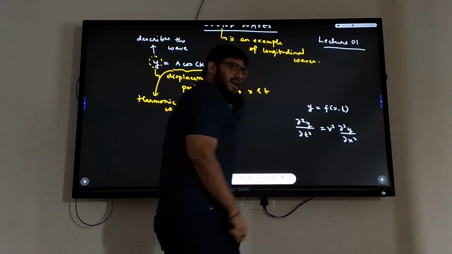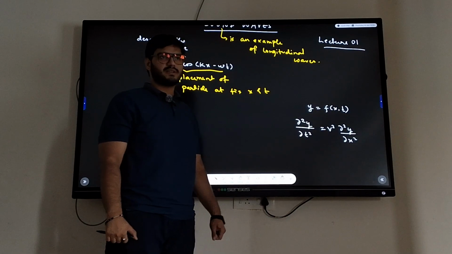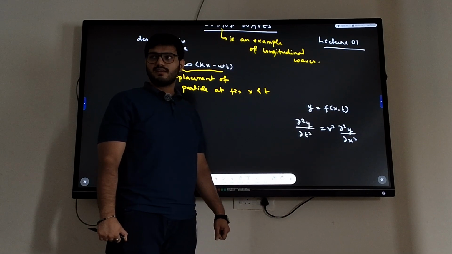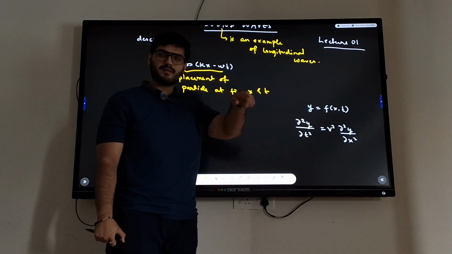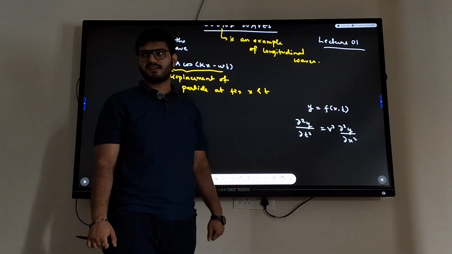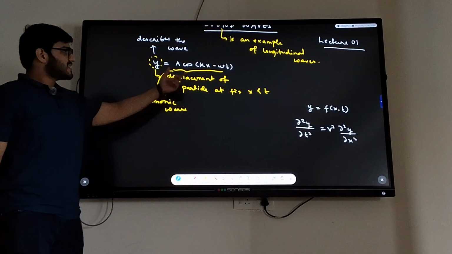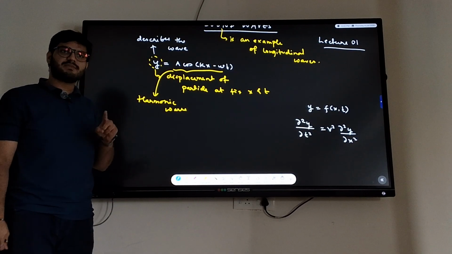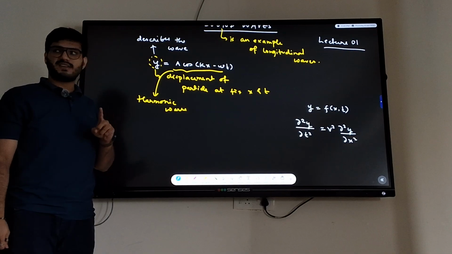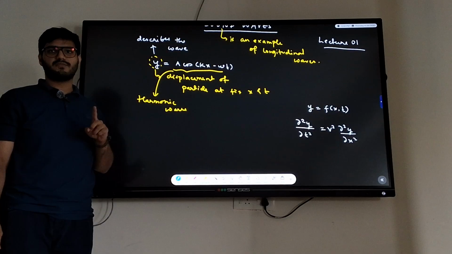Any function which obeys this equation is a valid wave function. Yes or no? And then if the wave passes through the medium, the particle oscillates. In general, it oscillates. But if you take this specific form of this function, then the particle performs SHM. Please understand this, that SHM is also a form of oscillation, but it's a unique form.